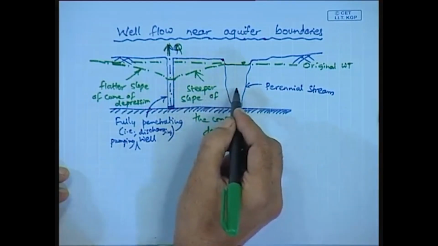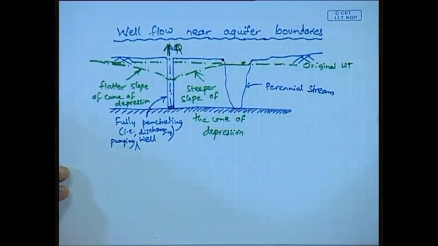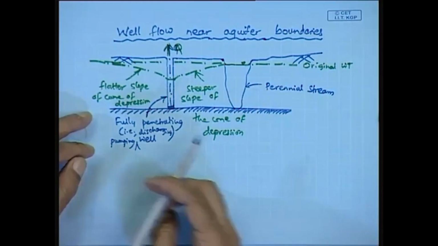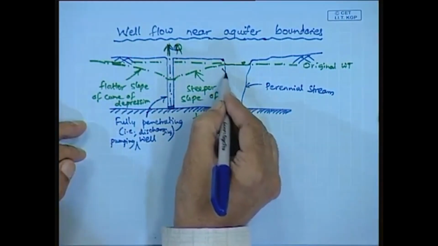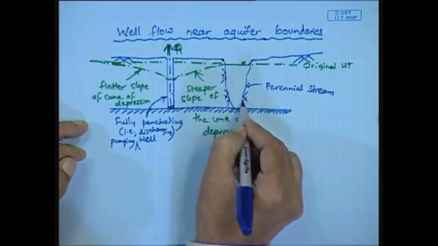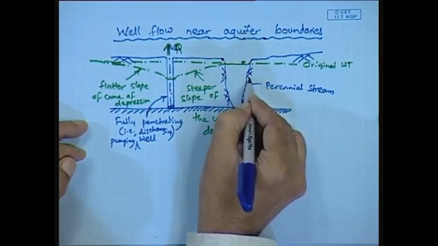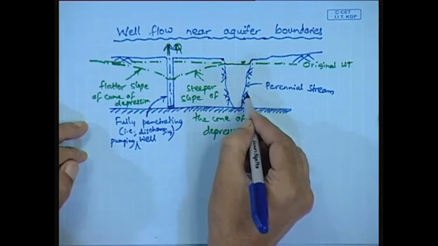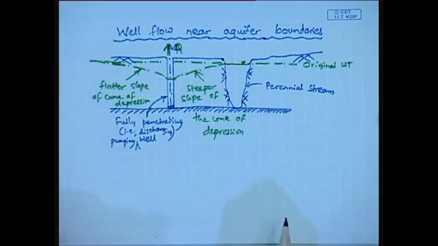The steeper slope is towards the perennial stream, and the flatter slope is away from the perennial stream. So this is the perennial stream.